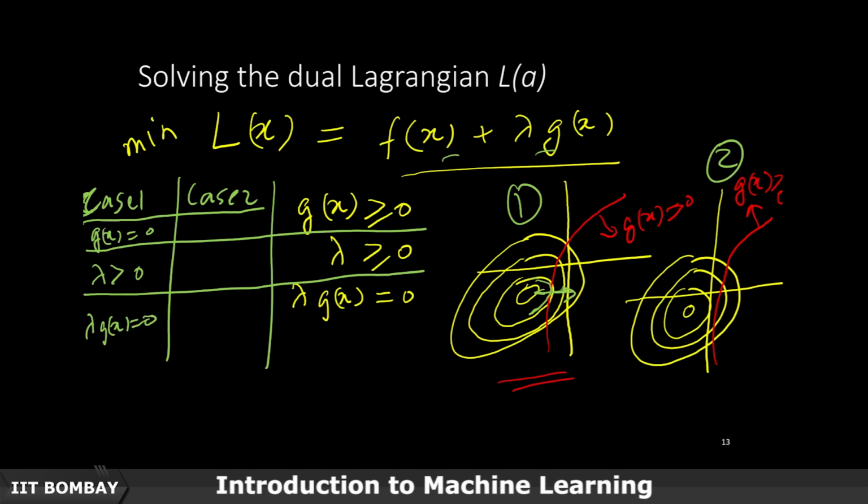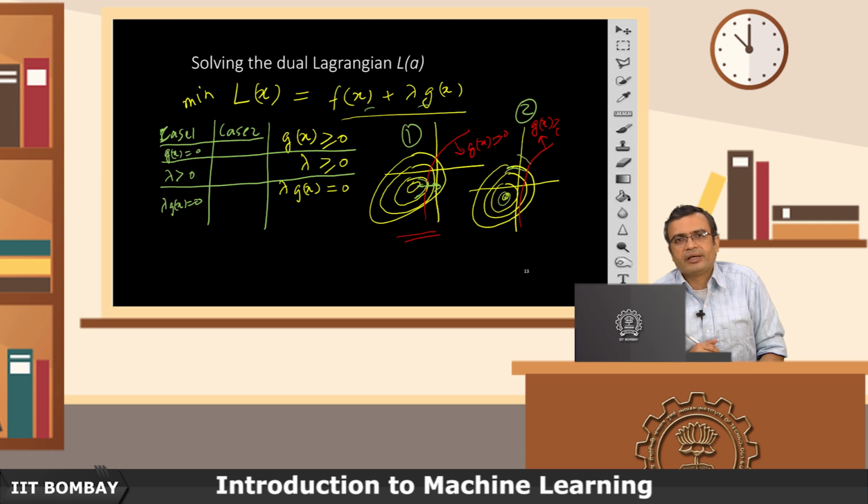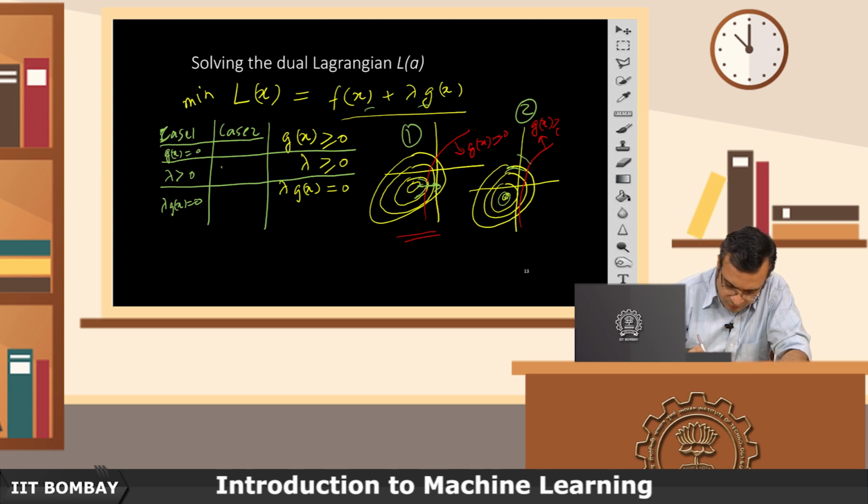Case 2: when g(x) greater than 0 lies in the same region where the unconstrained f(x) is minimized, then g(x) actually does not matter, we are just minimizing f(x). That means lambda is 0. So in this case you will have lambda equal to 0, and g(x) will be greater than 0, because we are not on the red boundary, we are on the left side of the red boundary.